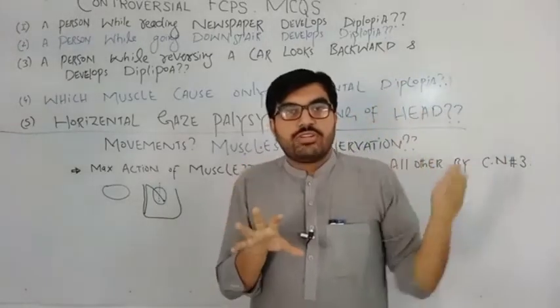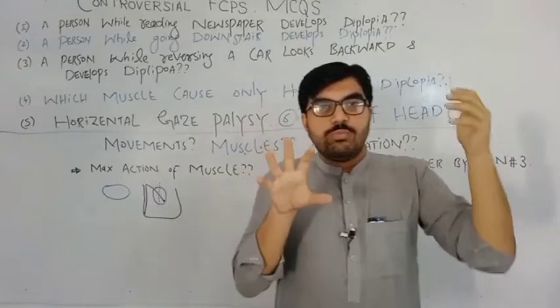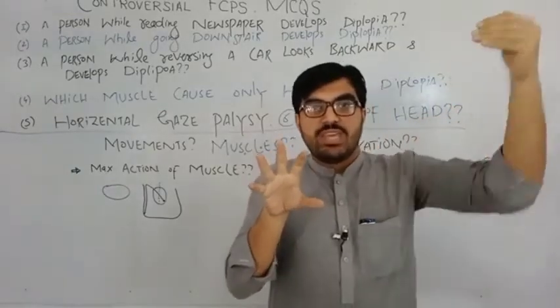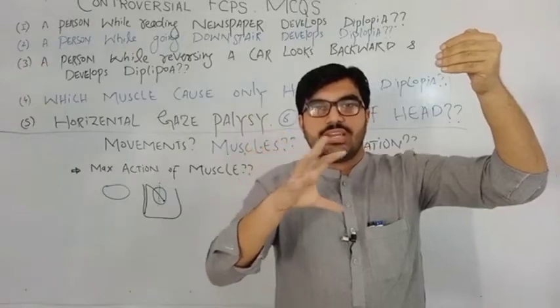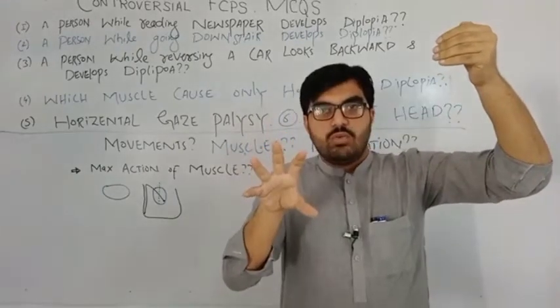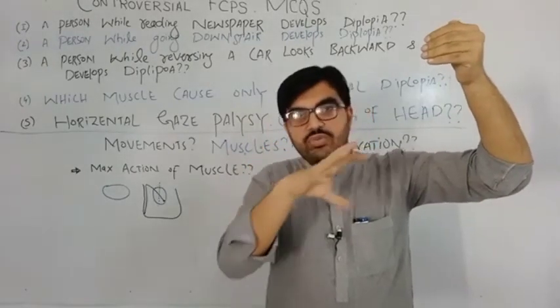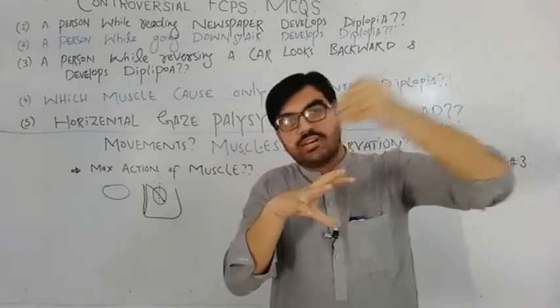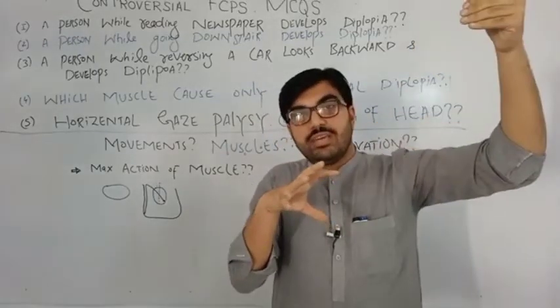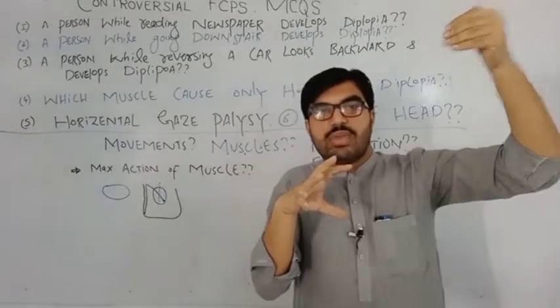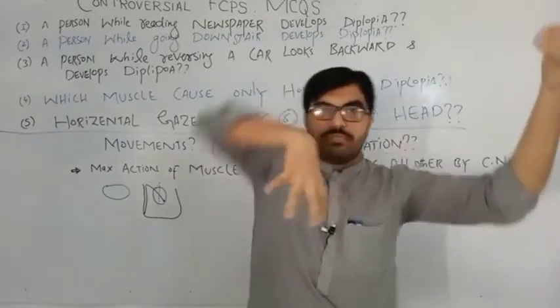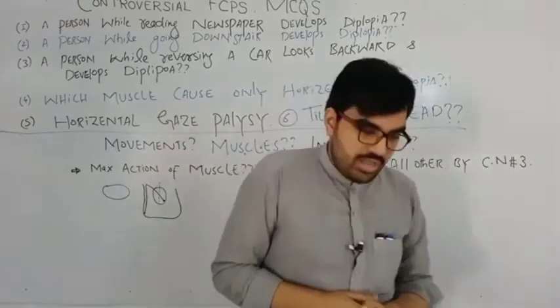So for the oblique muscle to work maximally, the axis must be parallel, and that is only possible when the eye looks medially. When the eye looks medially, the longitudinal axis of the eyeball and that of the superior oblique muscle become parallel. When they become parallel, there will be maximum action. So when it contracts, there will be maximum action on the eyeball.